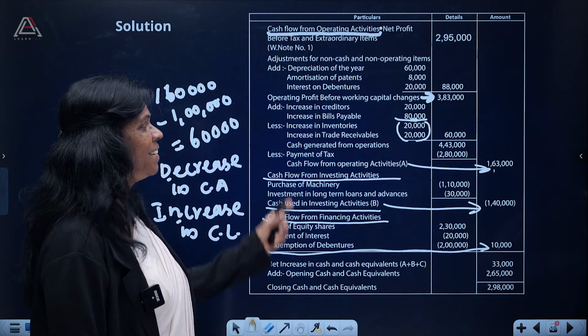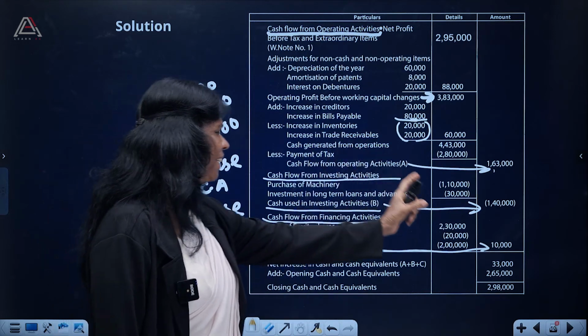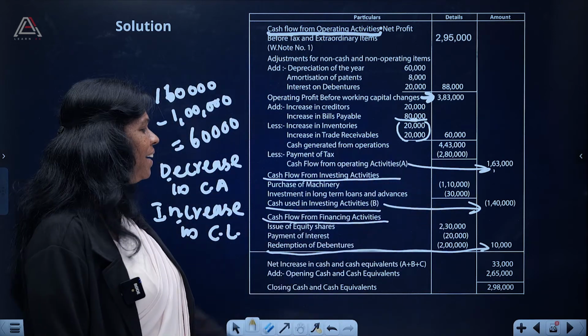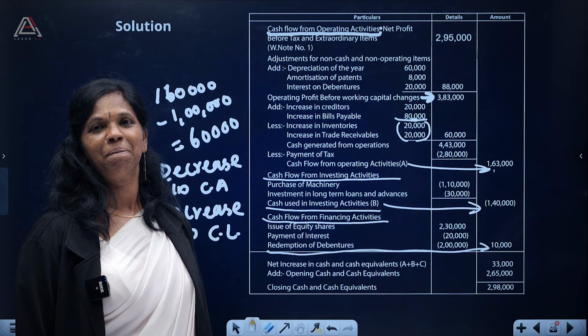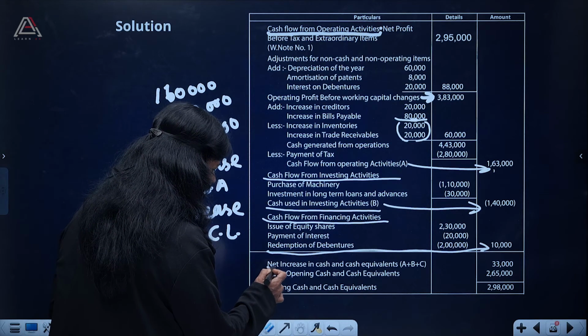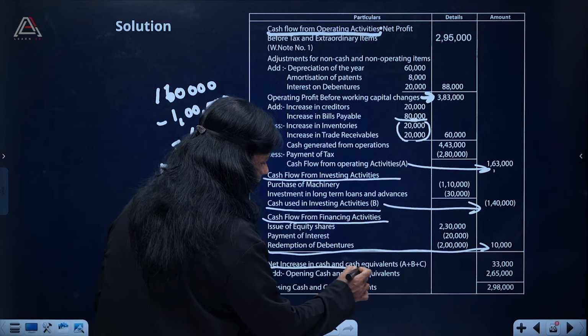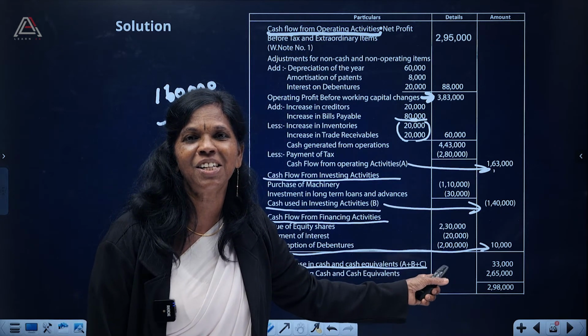How do you understand? There are 3 categories. First one, operating activity. Second one, investing activity. And third one, financing activity. Then the fourth category, net increase in cash and cash equivalents. How to find net increase in cash and cash equivalents?